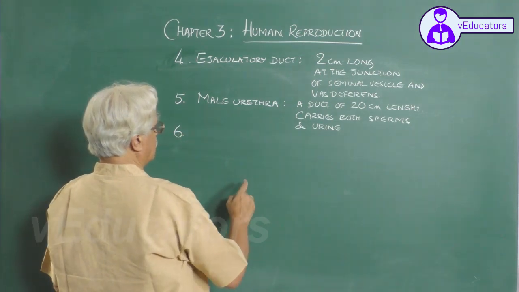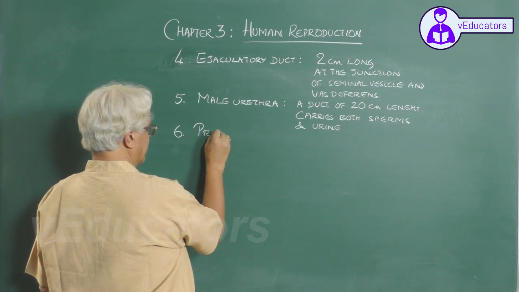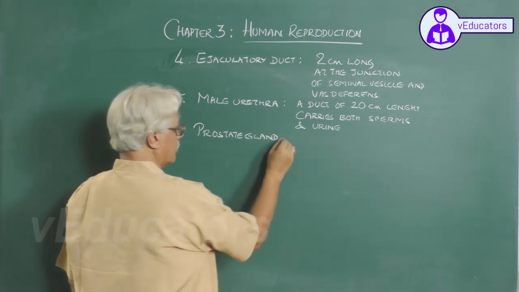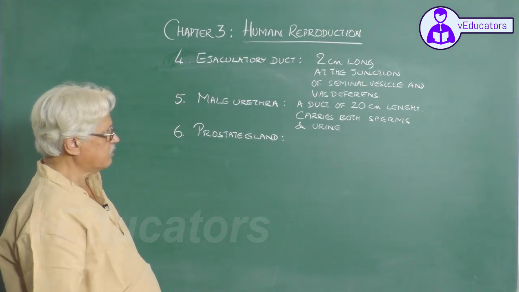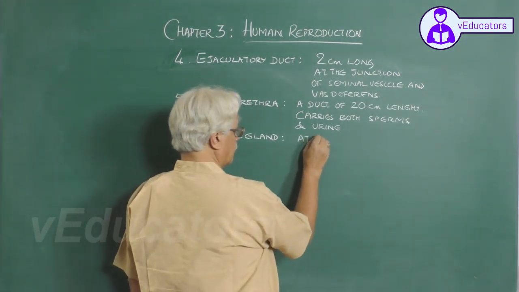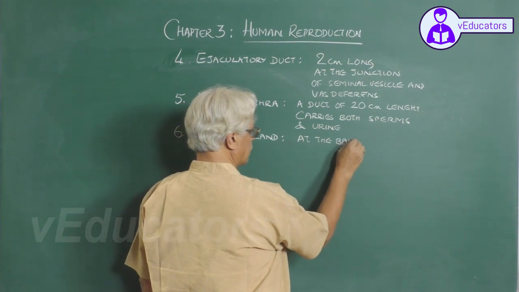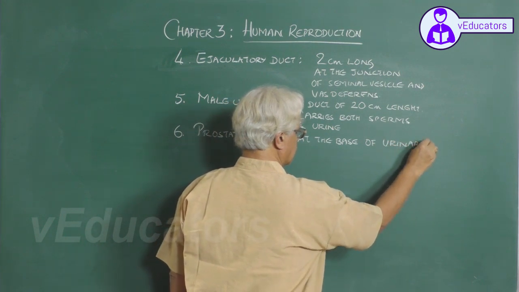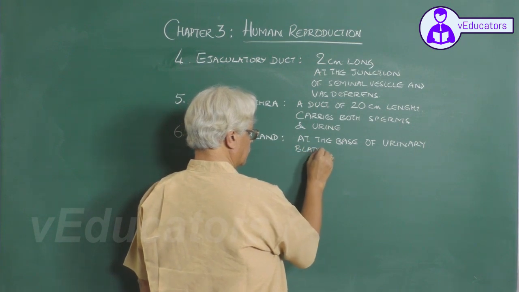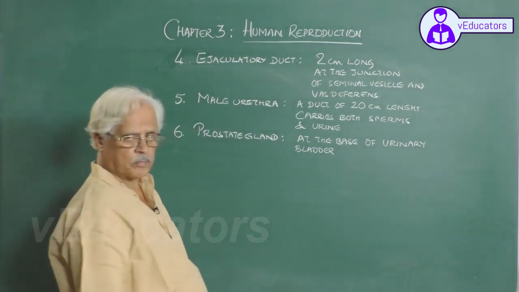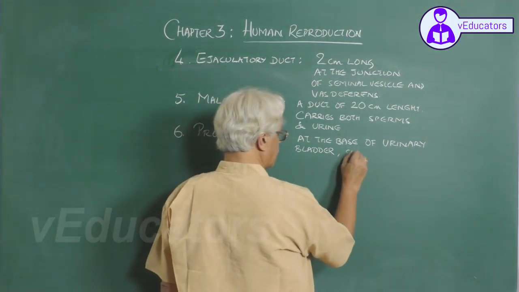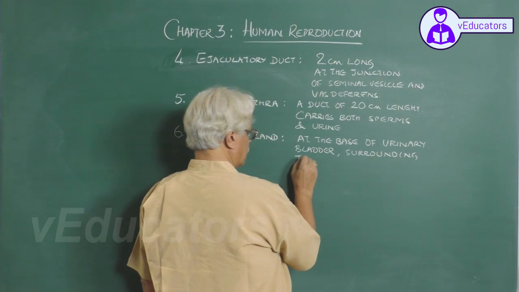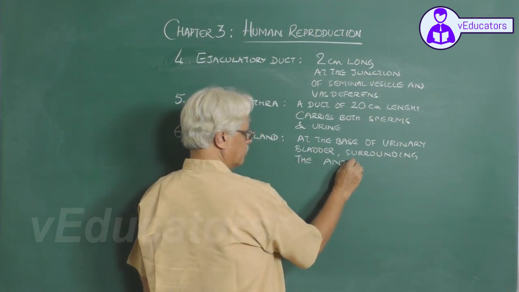Then prostate gland. This is a gland found at the base of urinary bladder and seminal vesicle, and surrounds the anterior part of urethra.